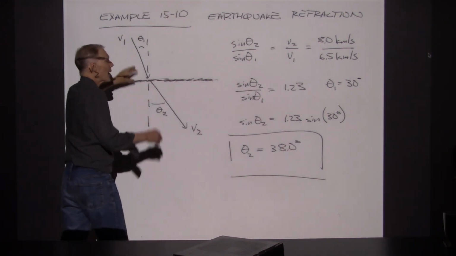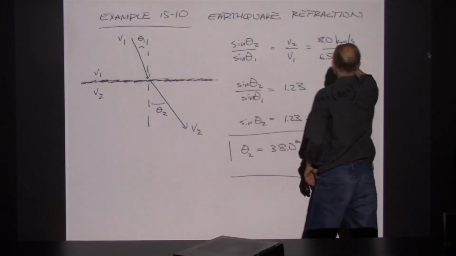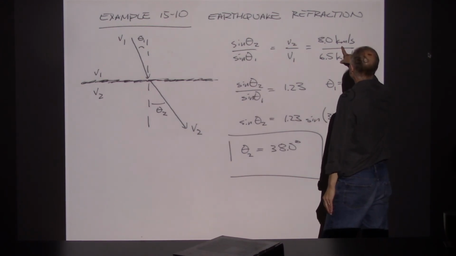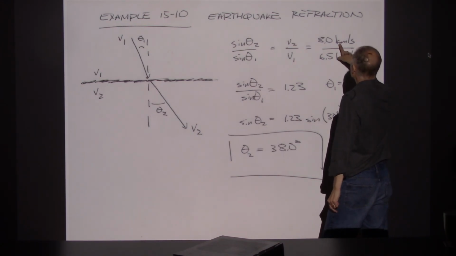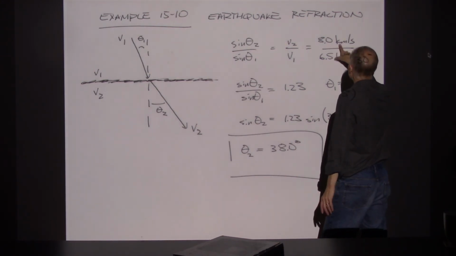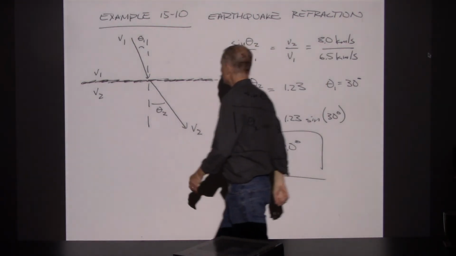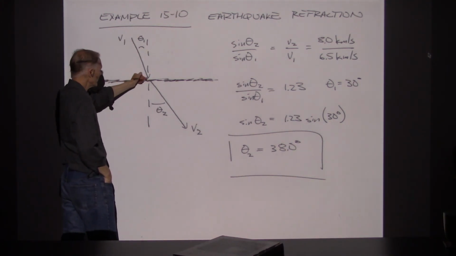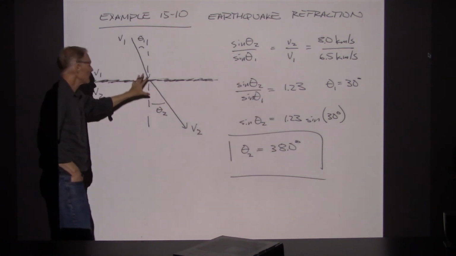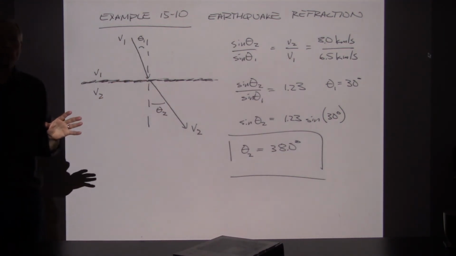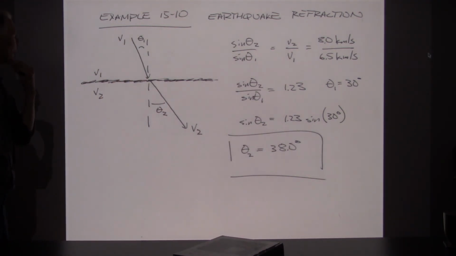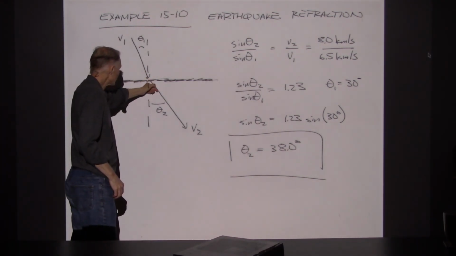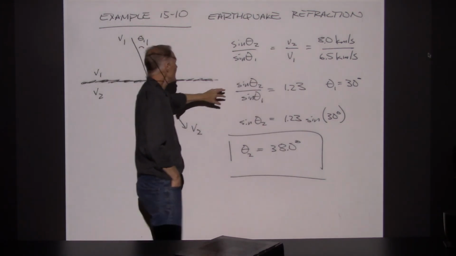And they've given us that. So they said in material 1 it was traveling at 6.5 kilometers per second, 6,500 meters per second. And here it's traveling 8,000 meters per second. So what's going to happen is that in the faster material, the angle will get bigger. We've got to be able to see that conceptually, identify that on the diagram. So draw the diagram first and see how that refraction effect occurs, and then go back and do the math.